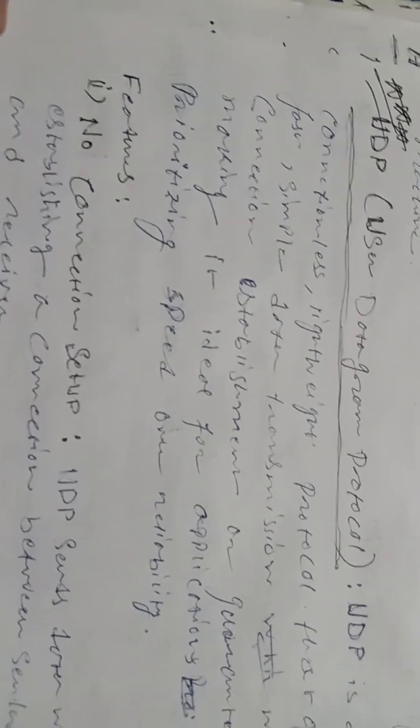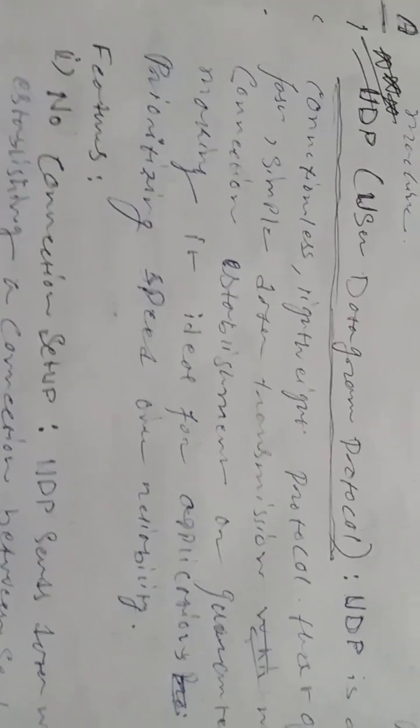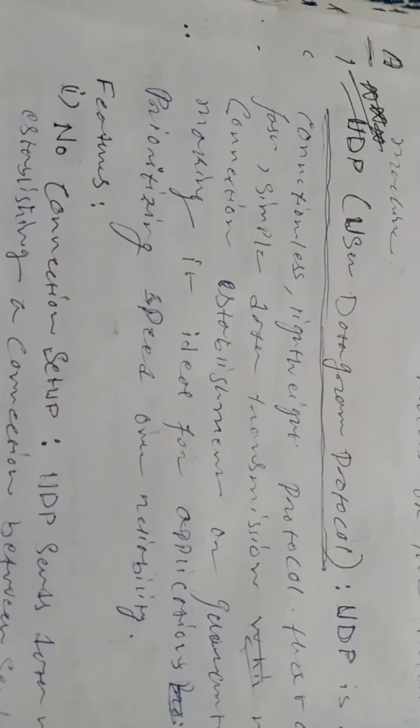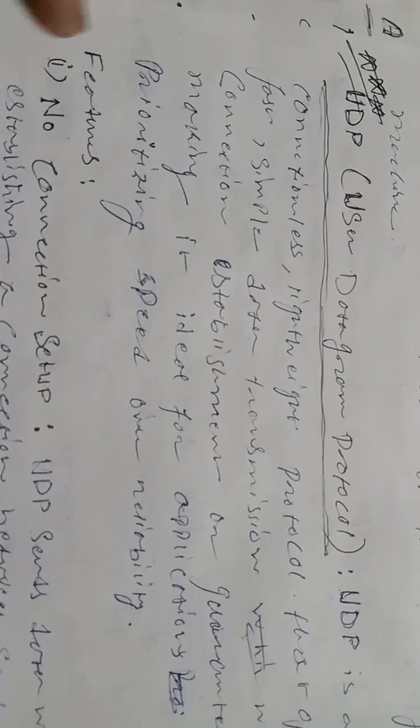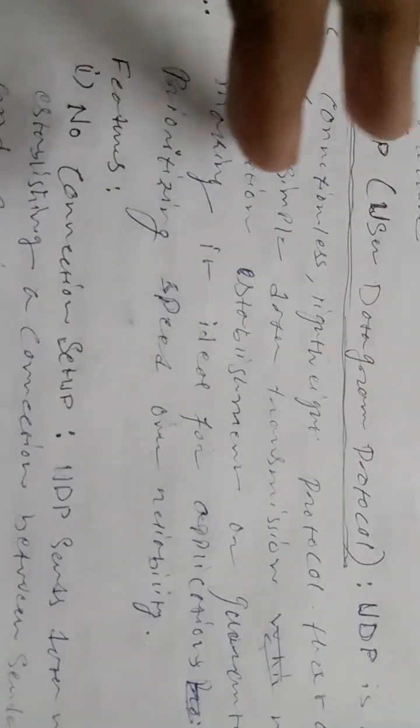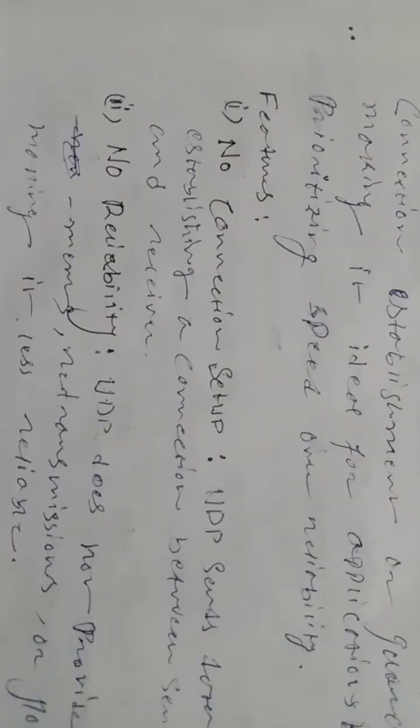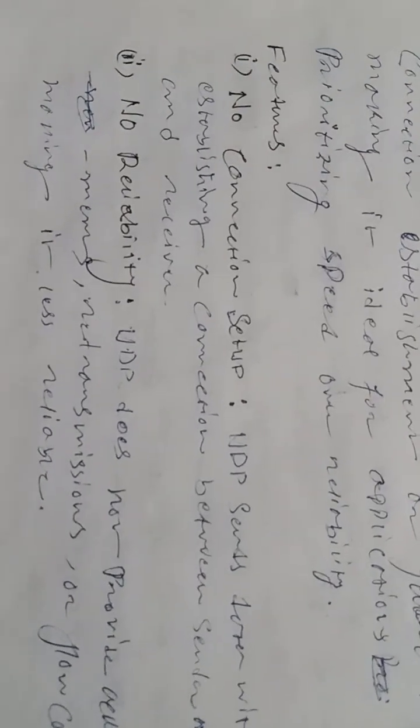So basically, the feature doesn't mean it's a benefit. Those are some of the points that are noticeable in UDP. It is not that reliable, it has no connection setup, and the third one is low overhead.